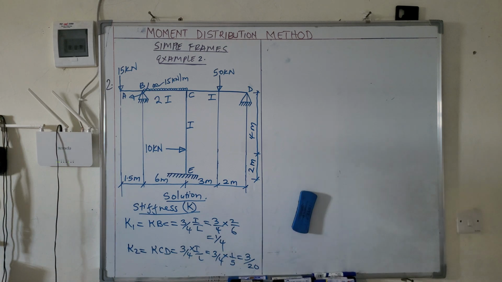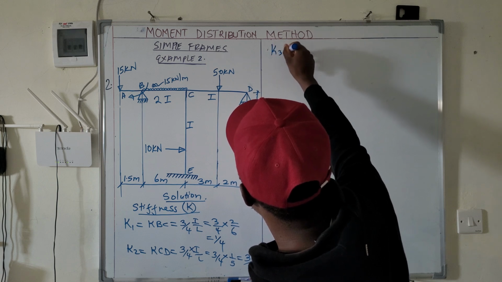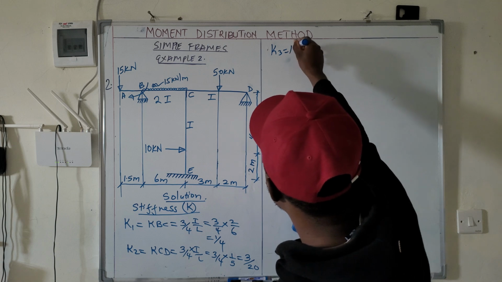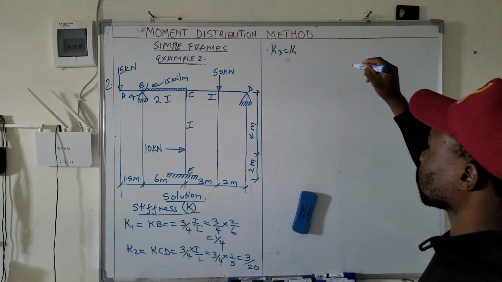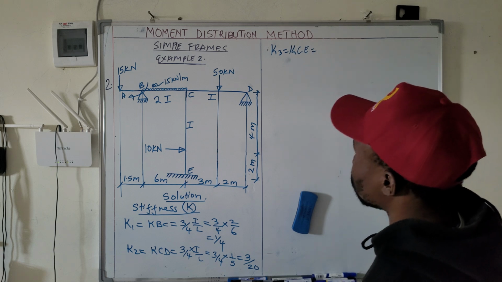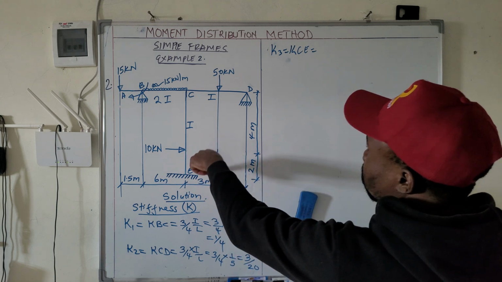We proceed to K3. K3 is equal to KCE, which is equal to, as you can see, this one is fixed.